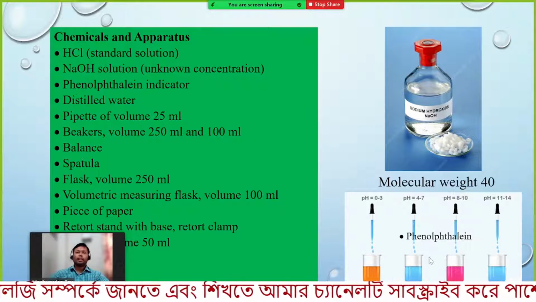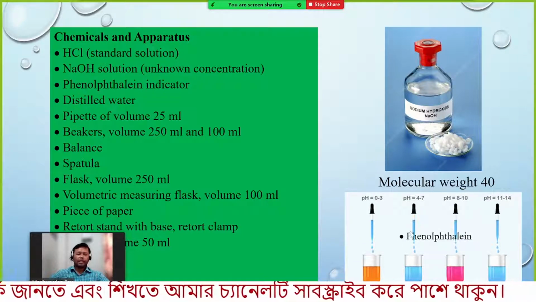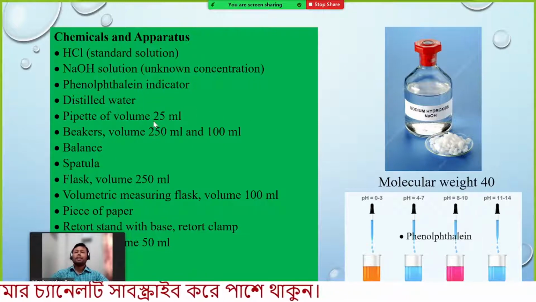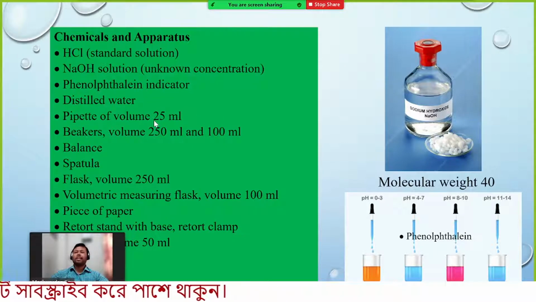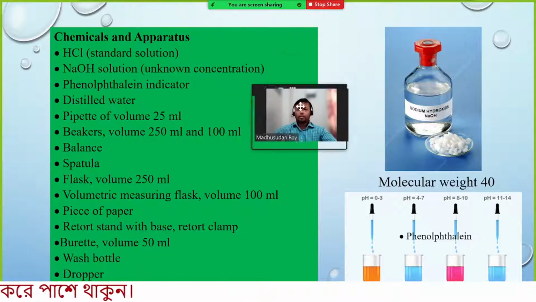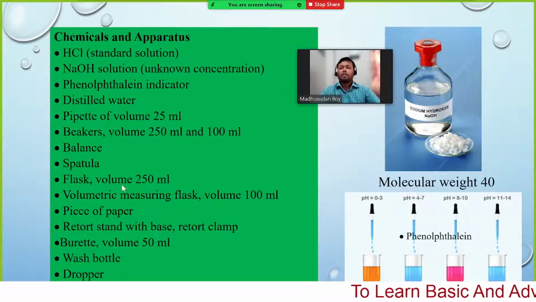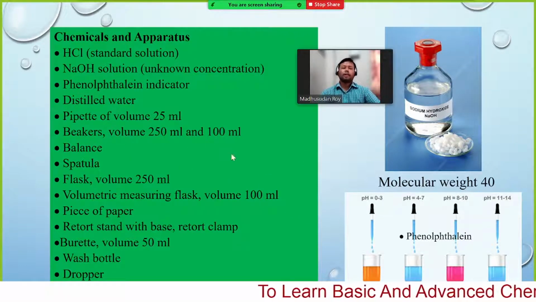Therefore we can use this indicator to observe the color change, because we are doing the titration of one base against one acid. Therefore all the chemicals we are using here are very similar. It is a similar experiment, not the same.